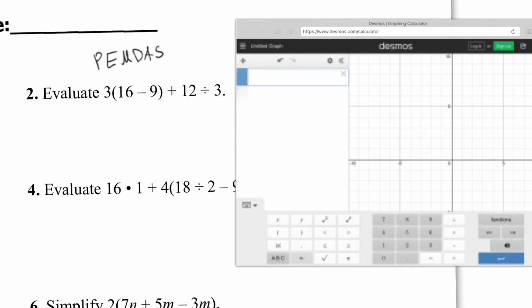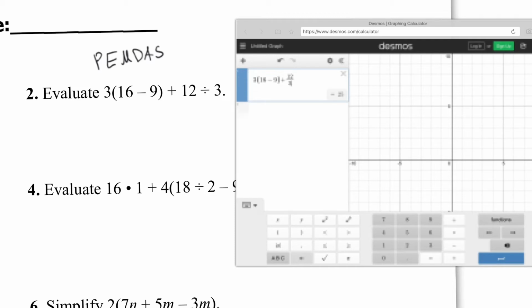But again, in Desmos, you just put the expression, and make sure that you guys actually know how to put the parentheses in Desmos and the exponents and everything else. So here's the 3, there's the parentheses, 16 minus 9, and then we have close parentheses. Make sure you guys check that parentheses. That everything looks the same, and then we have plus 12 divided by 3. Now the division is a little bit weird in Desmos because it's going to make a fraction.